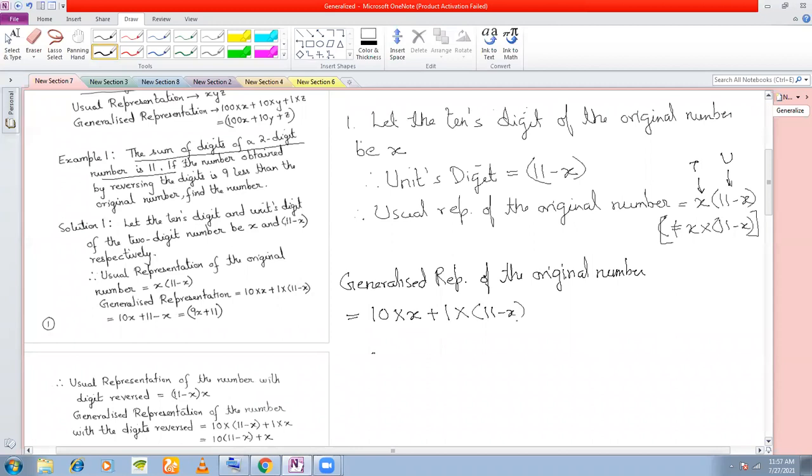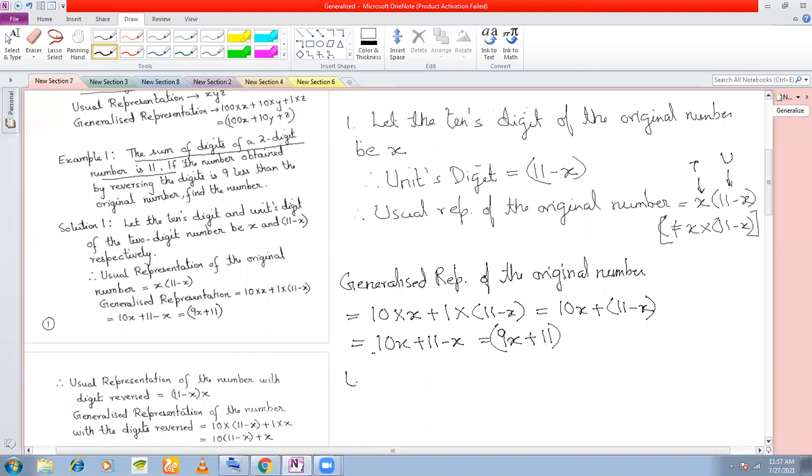So we get 10x plus 1 into 11 minus x, which is simply 11 minus x. Now you open the brackets. 10x plus 11 minus x. So 10x minus x will give you 9x plus 11. This is the generalized representation of the original number.